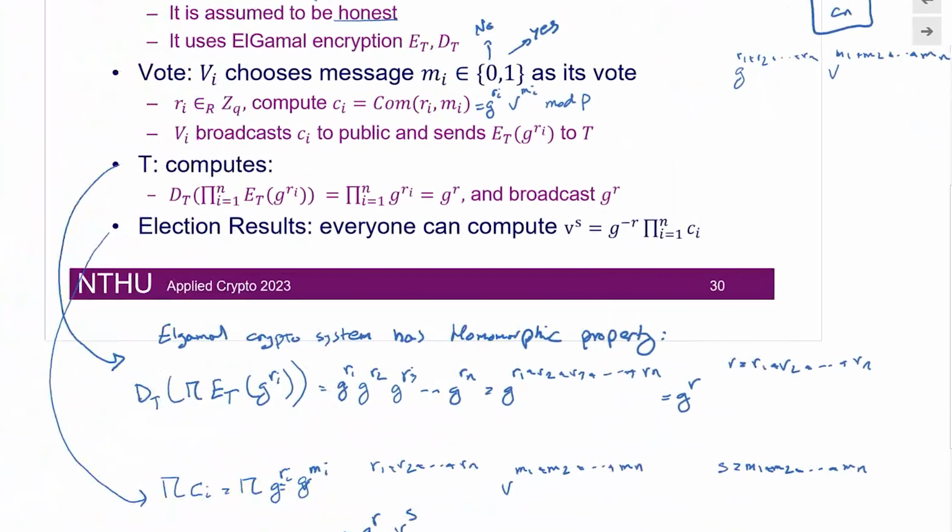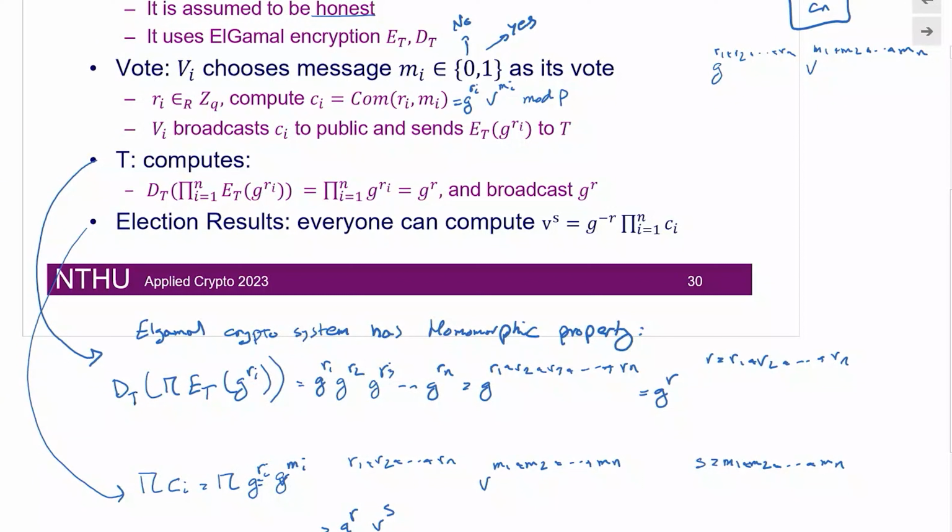So we ask him to multiply them together first and then decrypt. When he does that, we get all the pieces together, and when we multiply them, we get R1 plus up to Rn. We define the summation of them to be R, so we get g to the R.